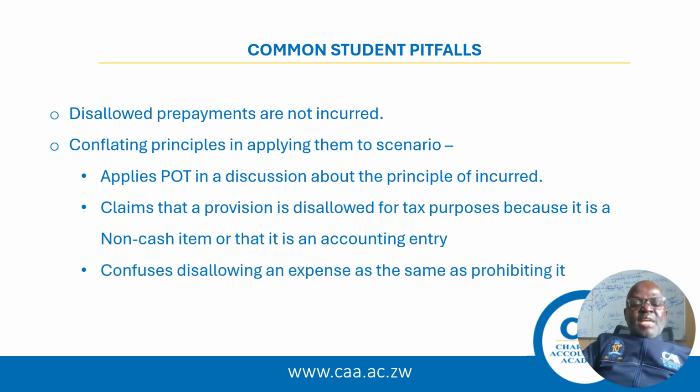And then sometimes candidates confuse disallowing an expense as if it is the same as prohibiting it. So if I disallow an expense because it has not been incurred, you cannot then say it is a prohibited deduction. Remember, prohibited deductions are found under section 16, where ordinarily they qualify to be deductible.